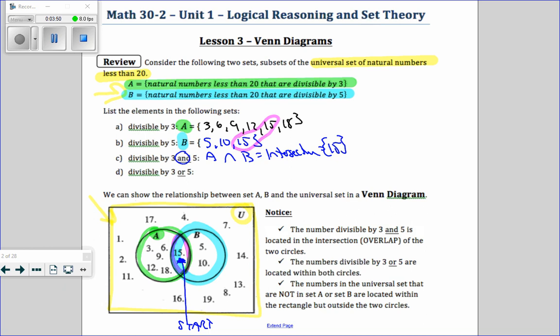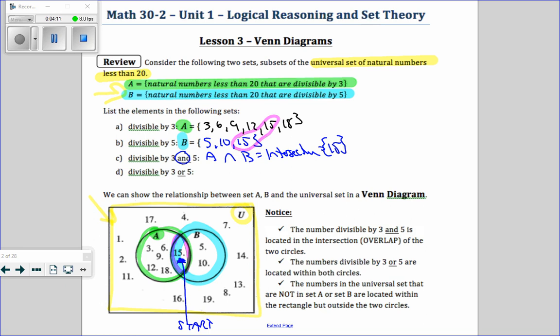So divisible by 3 and 5, that's that number 15. So in other words, we always start with the intersection. If you think about it, if two things intersect, they cross each other's paths, right? So it's where those 2 circles cross each other. That's the intersect.